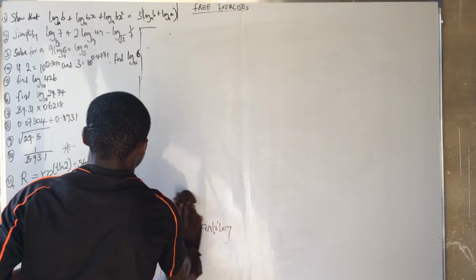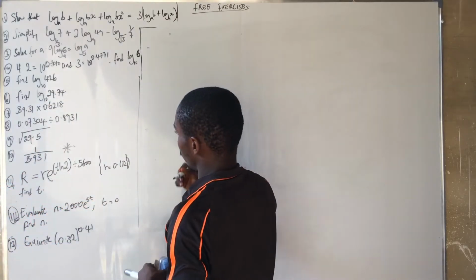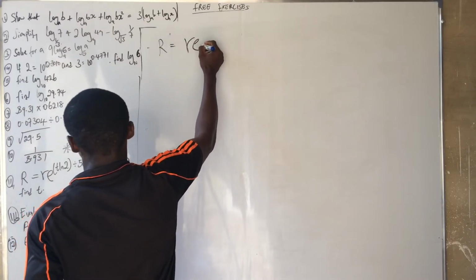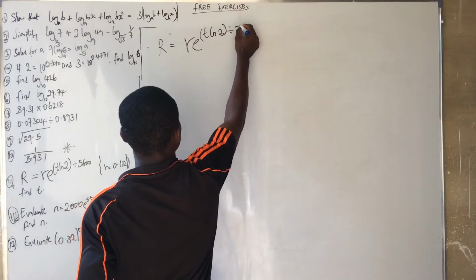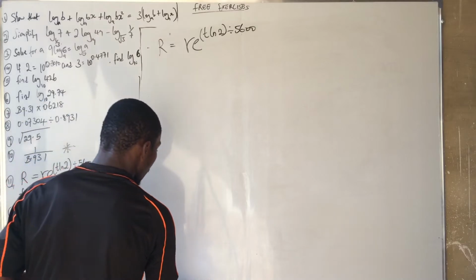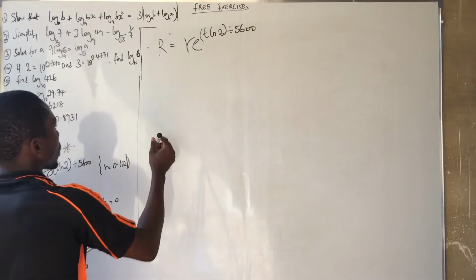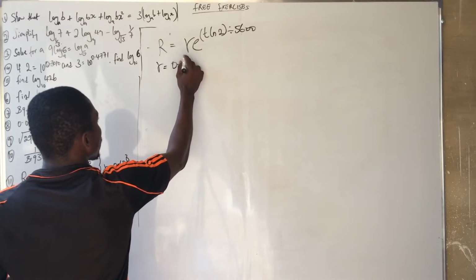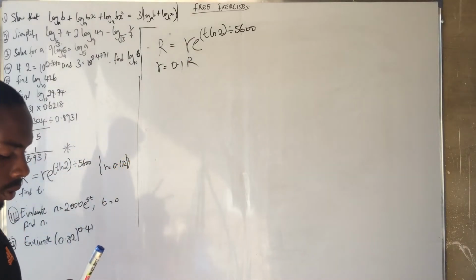So the next one now is number 11. Number 11 says R is equal to r e to the power t ln 2 divided by 5,600. But they also gave us a condition that our small r is 0.1 R. So what are we going to do now?